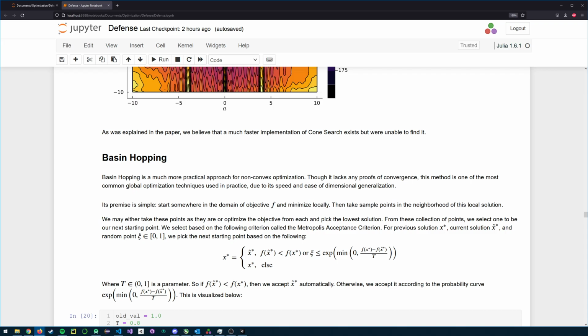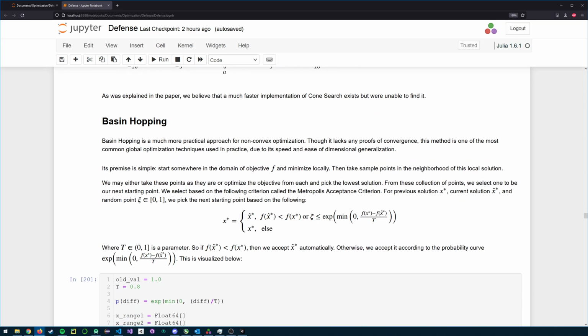So we have a search length, which we'll call L, and you will randomly generate points around the solution with radius L, and you'll pick one based on some criteria. This right here is called the Metropolis acceptance criterion, and this is one of the most common ones used to accept a new point as the next valid starting point to continue the algorithm from.